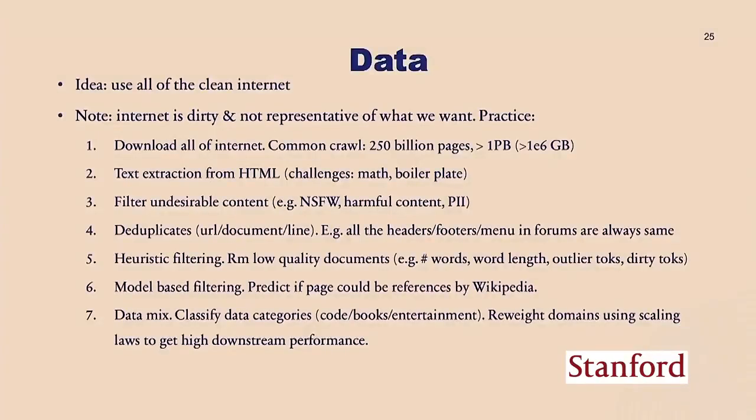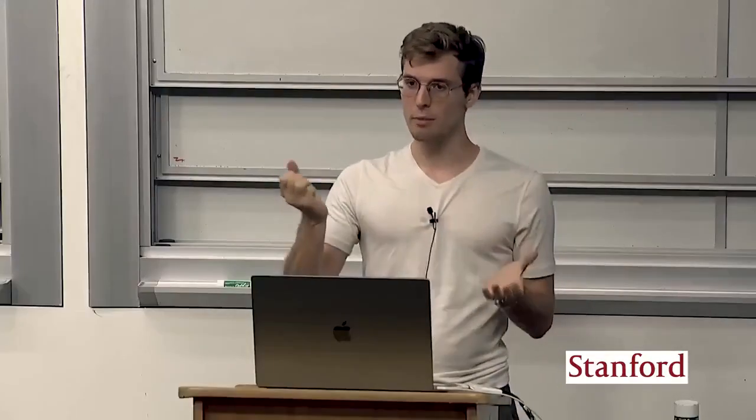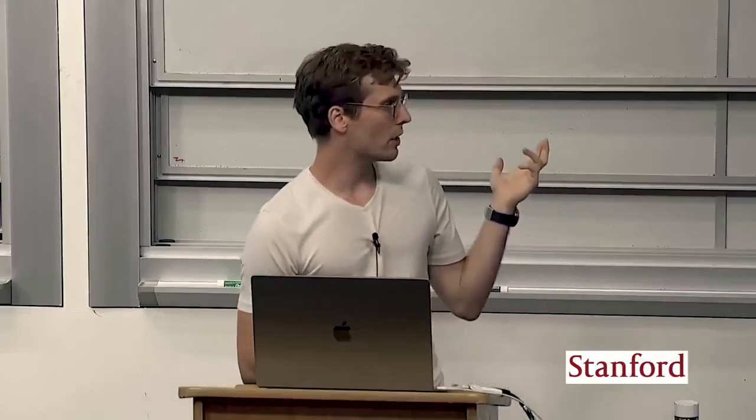Next one, you will try to classify your data into different domains. You will say, okay, this is entertainment, this is books, this is code, these types of domains. And then you will try to either up or down weight some of the domains. For example, you might see that if you train more on code, then your model becomes better on reasoning. That's something people usually say in a very hand-wavy way.